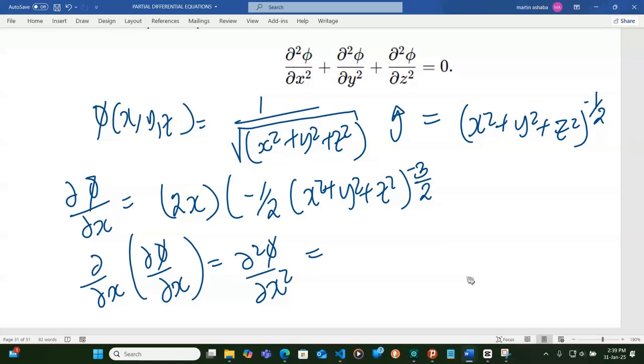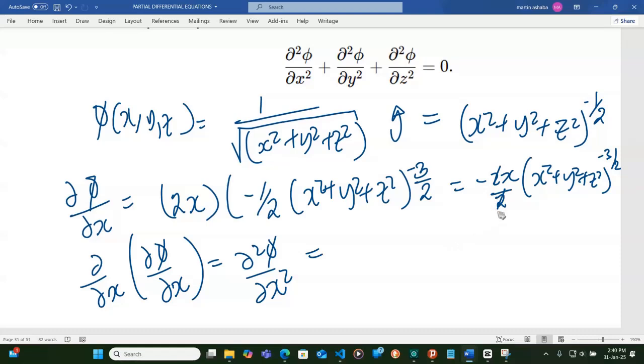Remember, this was negative 2x out of 2 into (x squared plus y squared plus z squared) to the power negative 3 out of 2, so the 2s cancel.